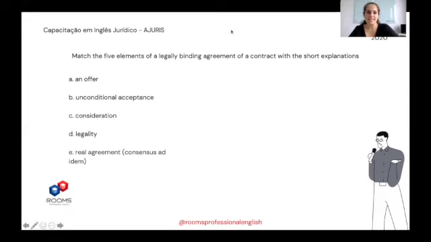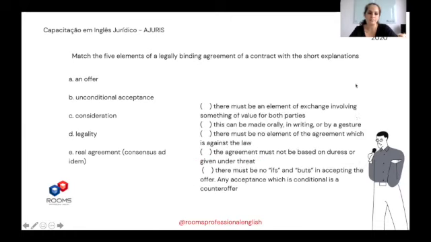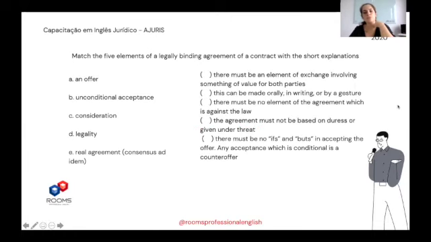This exercise asks us to match the 5 elements of a legally binding agreement of a contract with the short explanations that come here. So the first one is an offer. Right after that, we have unconditional acceptance, then consideration, legality of the subject matter, and real agreement or consensus, right?